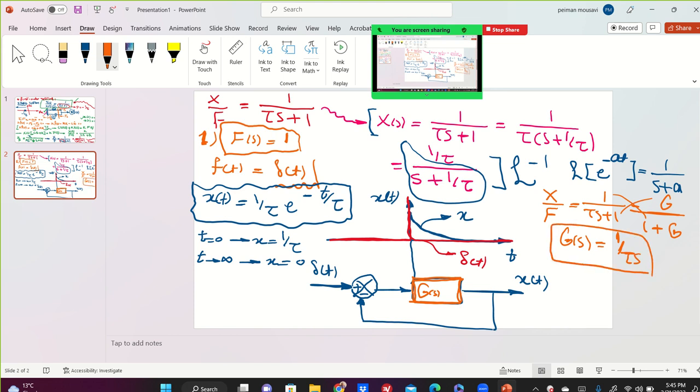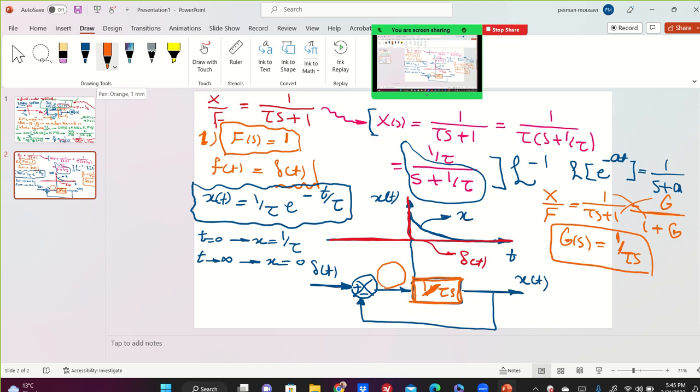So you're going to put here 1 over tau s. What's the name of this signal I taught you in theory and Simulink?